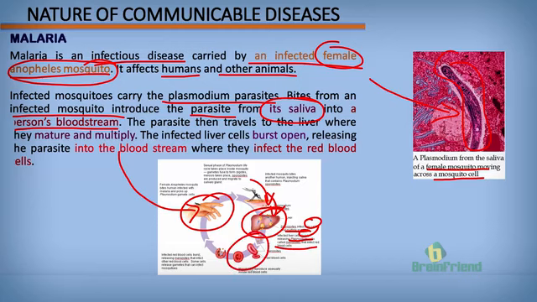These merozoites will now reproduce asexually again inside the red blood cells. Infected red blood cells will look this way, and they would also multiply and burst, releasing merozoites that infect other red blood cells. Some cells release gametes that can now infect other mosquitoes.